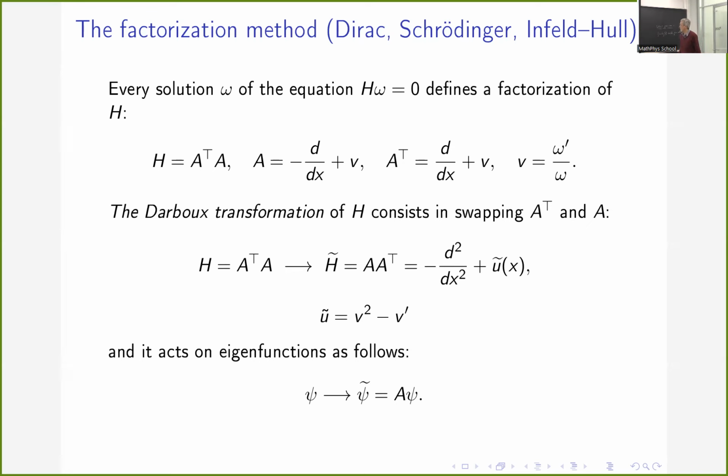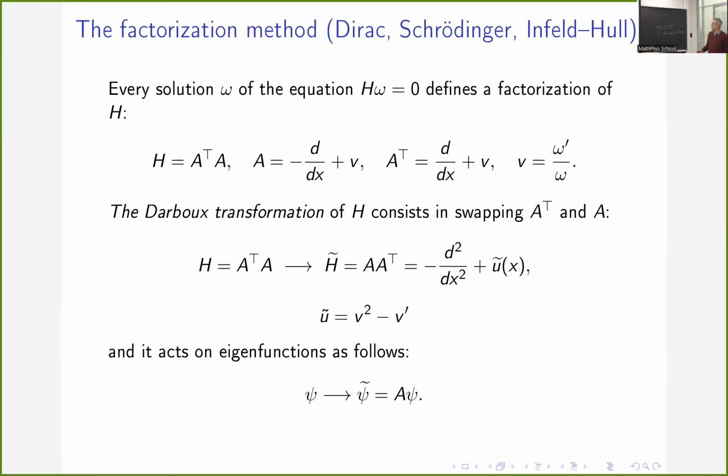If psi is a solution of the equation, a formal eigenfunction of the operator H with eigenvalue E, then one can easily check that psi tilde is an eigenfunction of the new operator with the same eigenvalue.